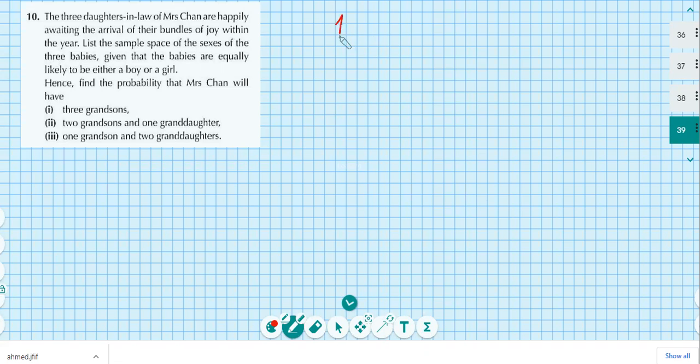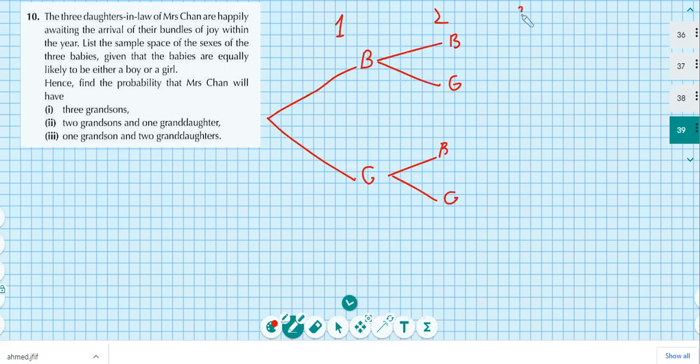So this is for the first daughter-in-law. Either she has a boy or girl. If the first has a boy, then the second can have boy or girl. Similarly, if the first has girl, the second can have boy or girl.